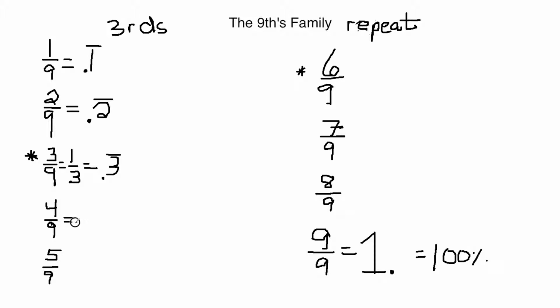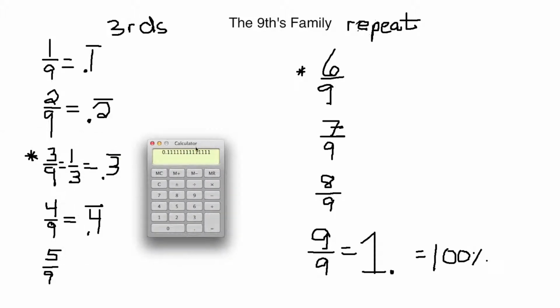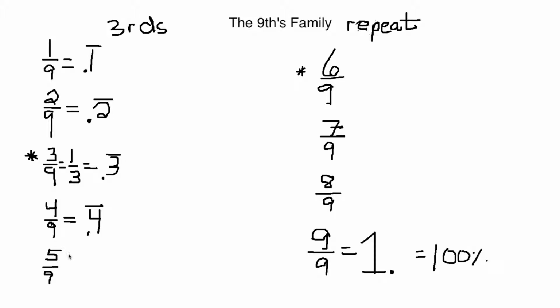Same thing with 4/9. 9 can't go into 4, but 9 can go into 40 four times. And guess what? It's going to repeat. Again, I'll do 4/9. 4 divided by 9 equals. See, the 4s are repeating. And then the numerator's 5, so that makes it 5 repeating.